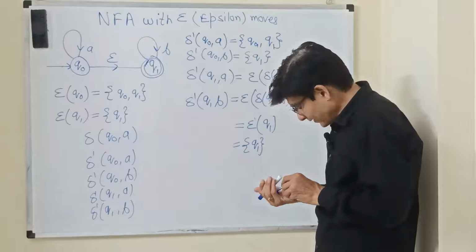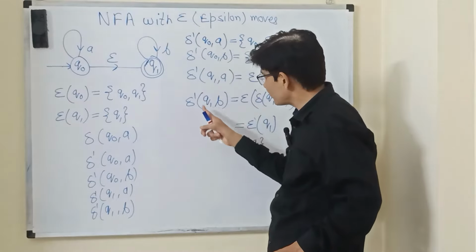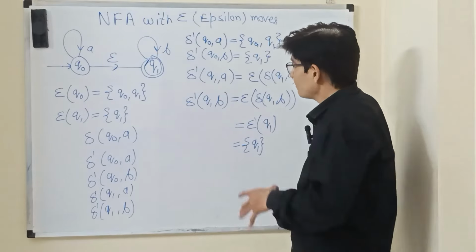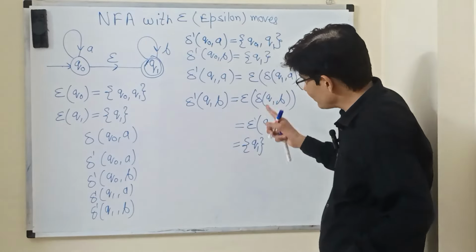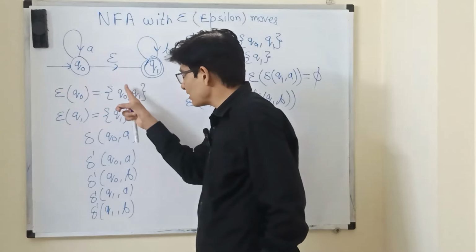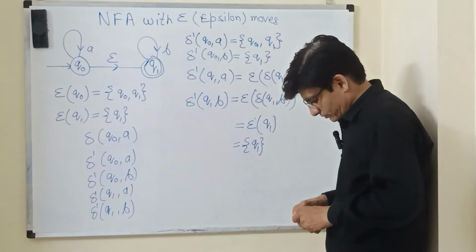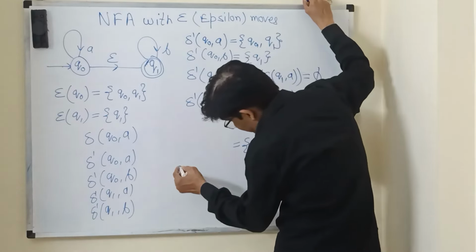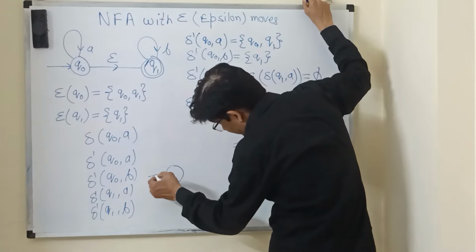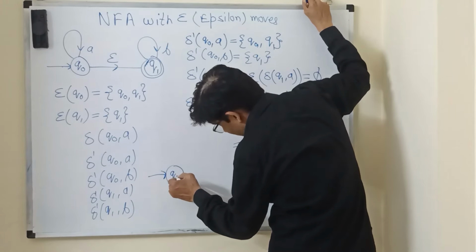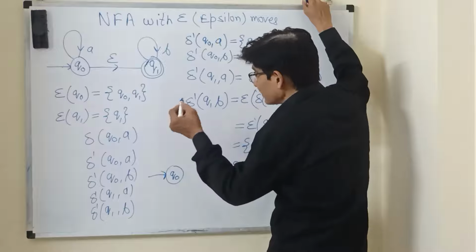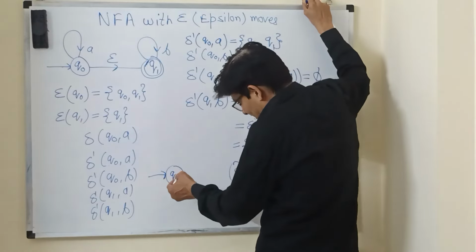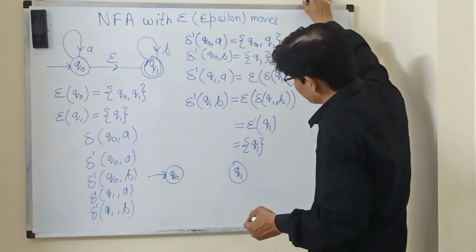So now, friends, we have found all the transitions for NFA without epsilon move. Now we will make the transition diagram of this NFA. Here we have two states, Q0 and Q1. Q0 is the initial state, so it will remain the initial state.